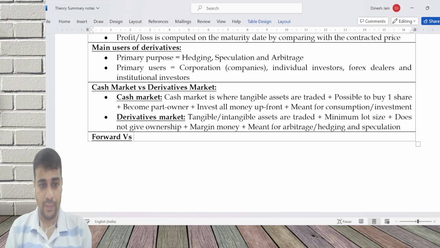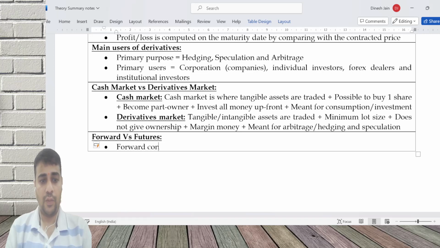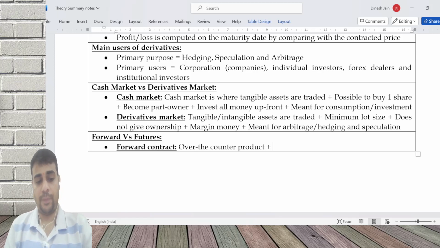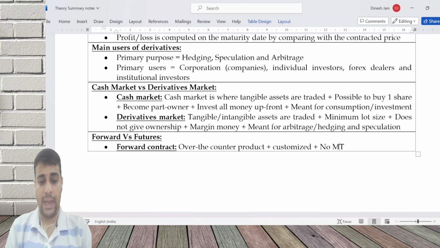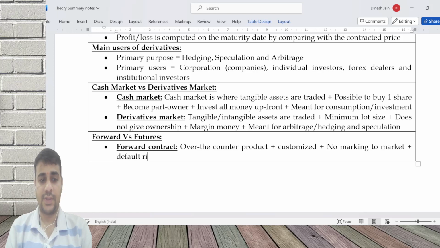Forward versus futures. Forward contract: over the counter product, customized, no marking to market, no margins.